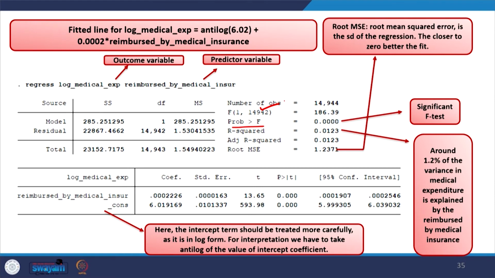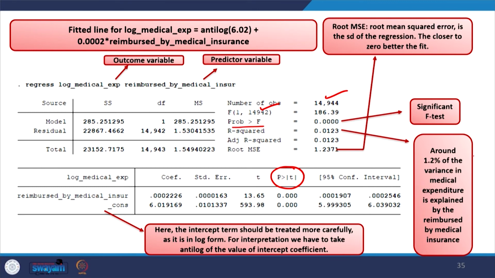This is given, because the number of observations is 14,944. Okay, and accordingly others are understood. Now, the fitted line for log medical expenditure we can derive. At this moment let me just clarify its p values, which I have just said is given here.